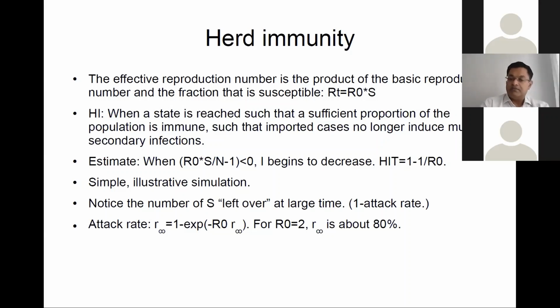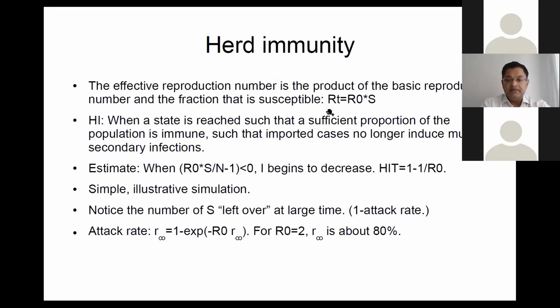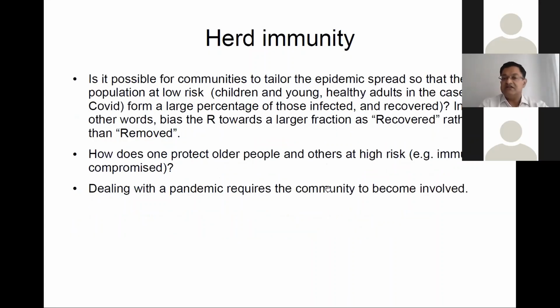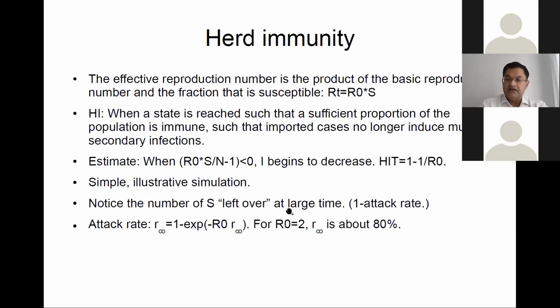Now I asked you to look at the fraction of susceptible people left over. Can we estimate how many people continue to be susceptible after the infection has passed through? That's called the attack rate. The formula for the attack rate is given over here.